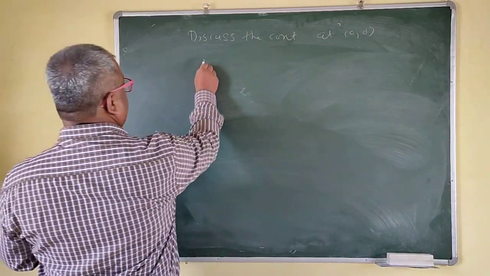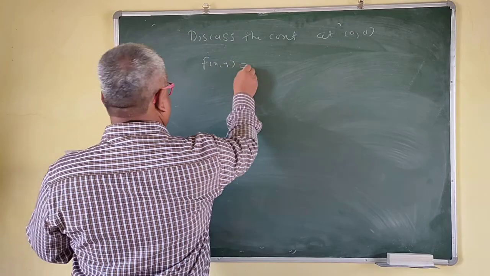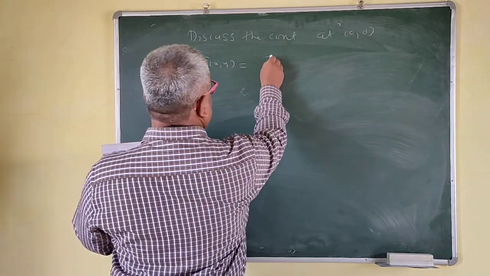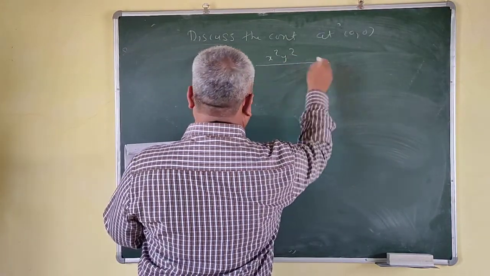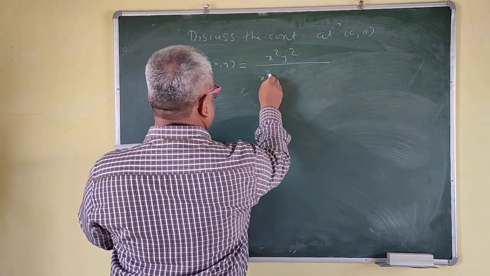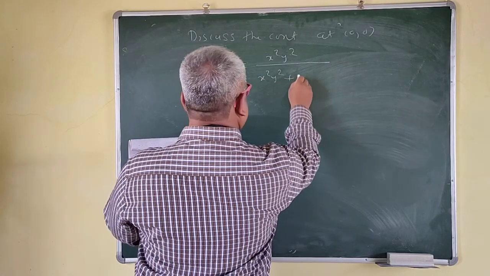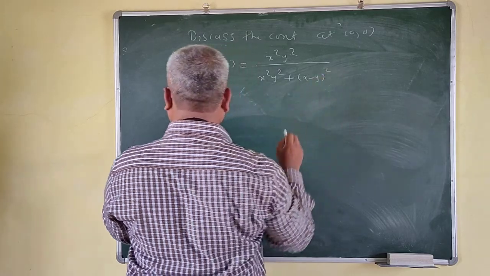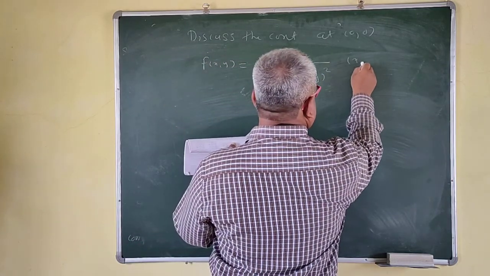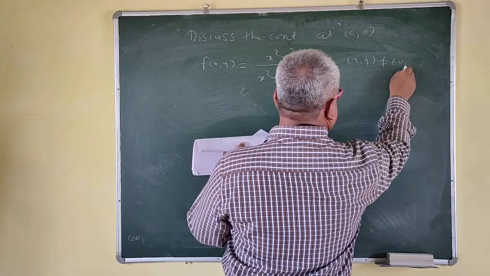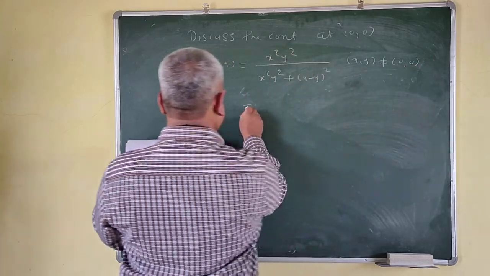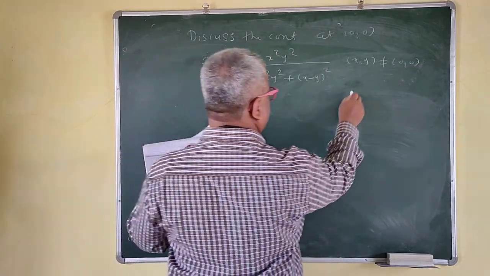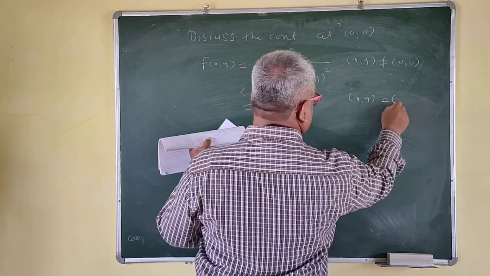f of xy is equal to x square y square upon x square y square plus x minus y square, for xy not equal to 0, 0, and is equal to 0 for xy equal to 0, 0.